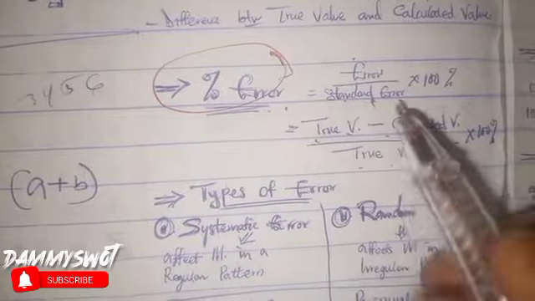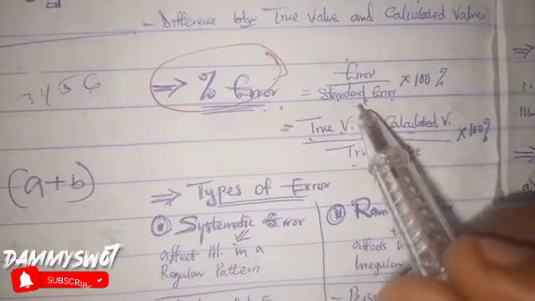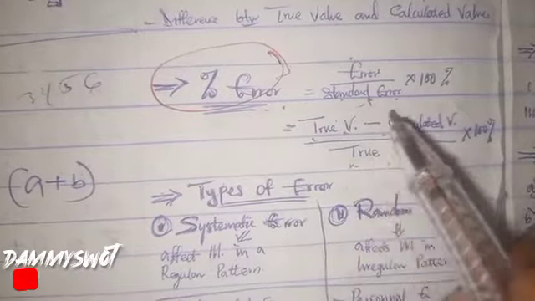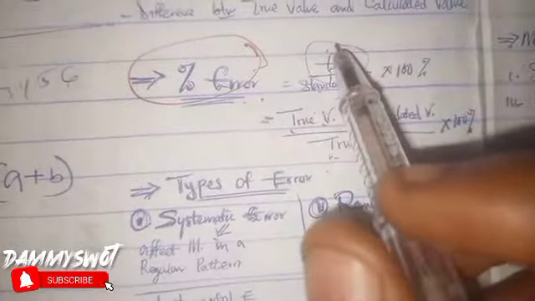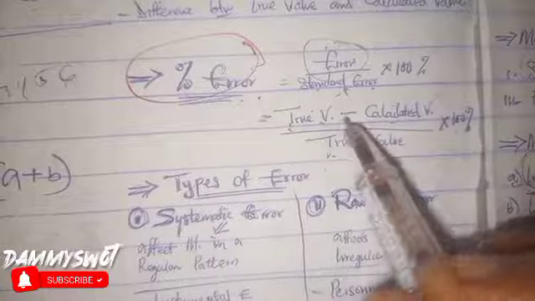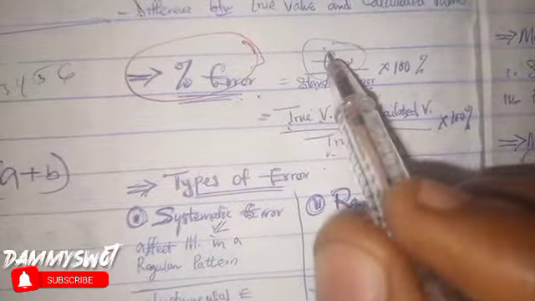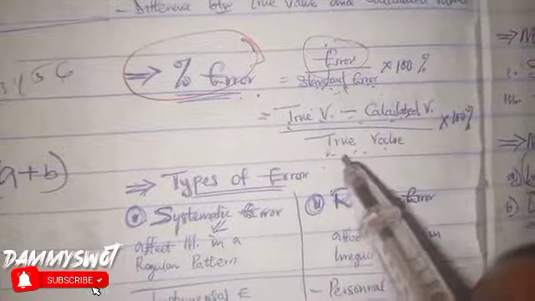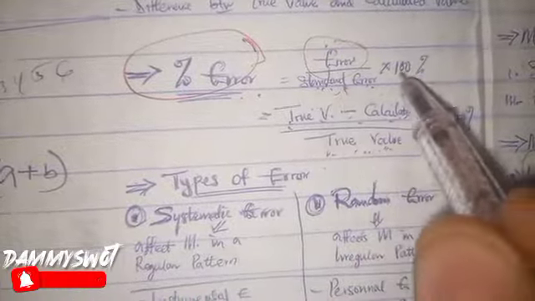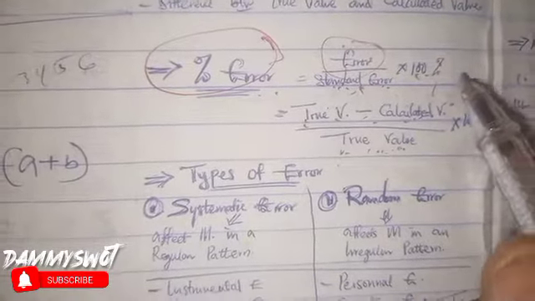So in case your question was given as standard error and did not say true value, that's just what you need to know. Standard error is true value minus calculated value. Then the percentage is that divided by your true value times 100%. So that's on that aspect first.